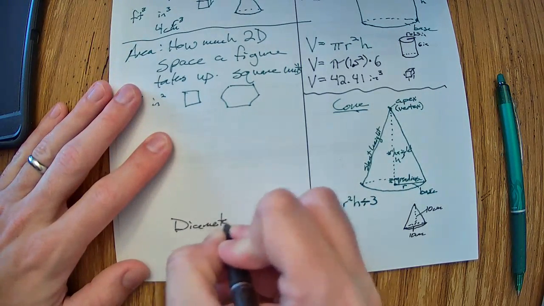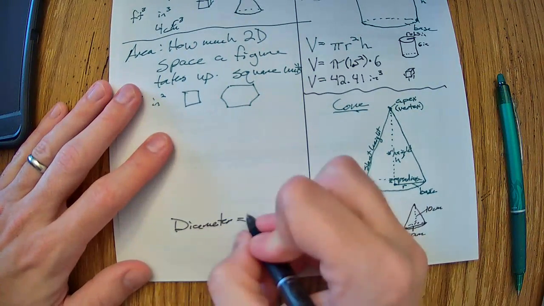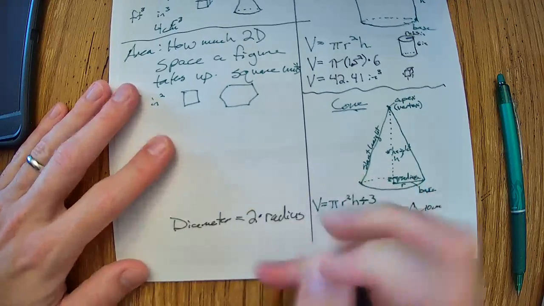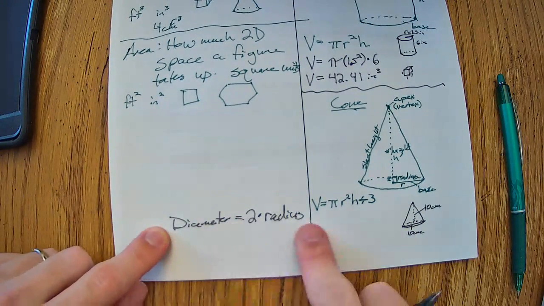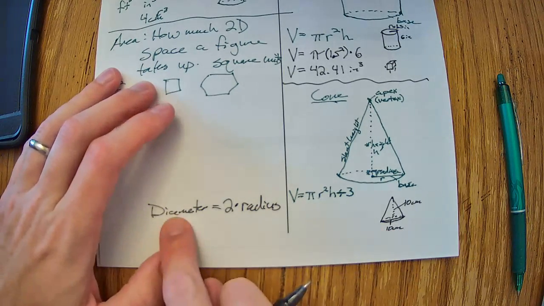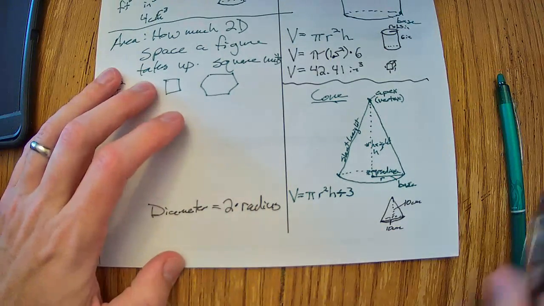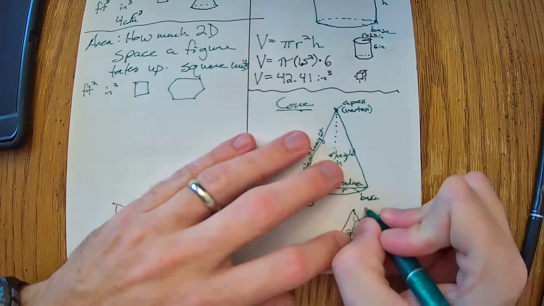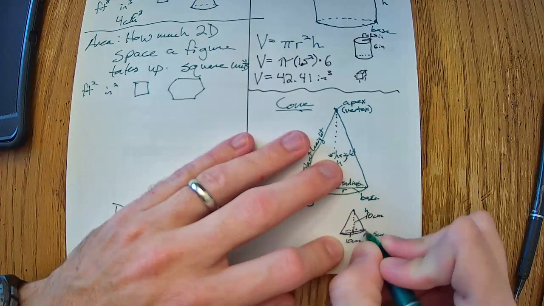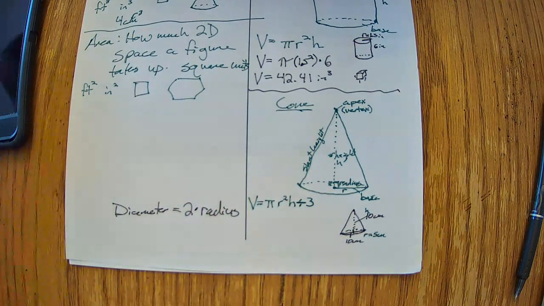Diameter is equal to 2 times the radius, because diameter goes all the way across and radius only goes half that distance. So if I've got 10 for the diameter, then I need half of that to get to my radius. So my height is 10, and my radius is only going to be 5 centimeters. Because again, from center to edge, we only need half the distance.